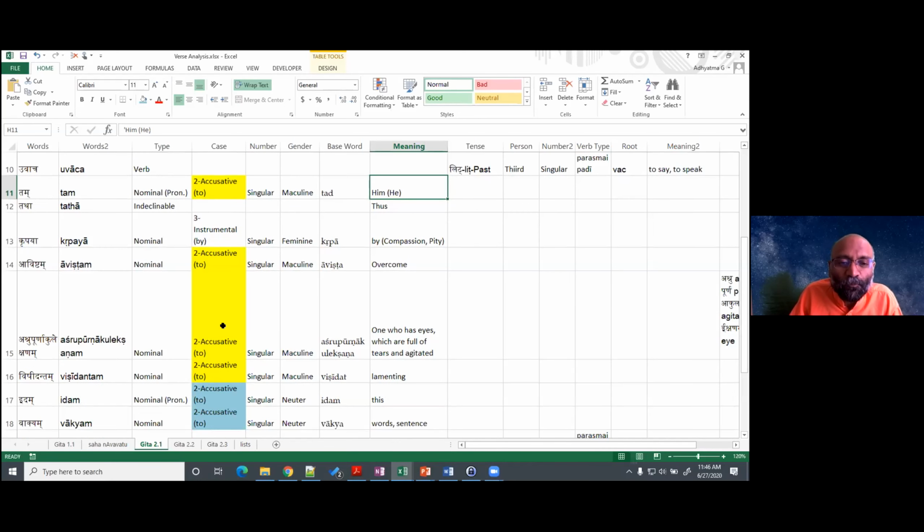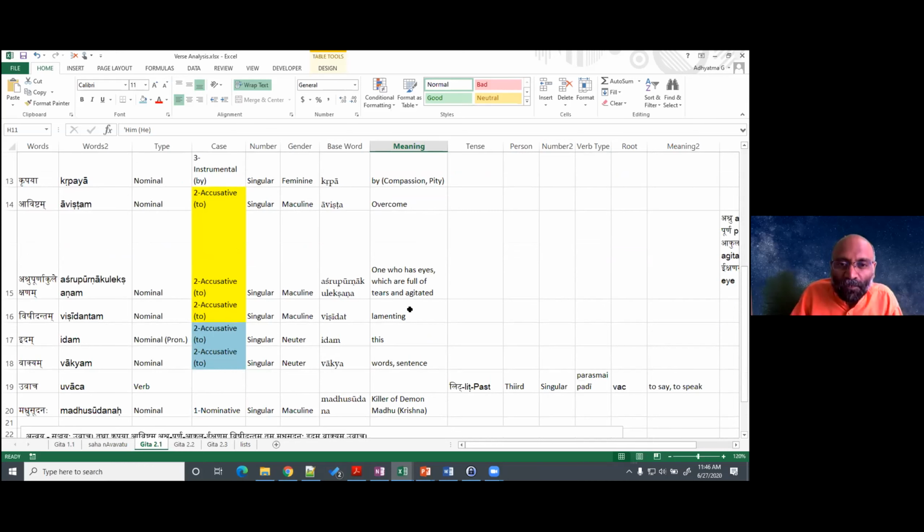That Lord Krishna spoke these words to him who was overcome by compassion, who was lamenting, and whose eyes are agitated and full of tears. He spoke these words. That is what it means here.